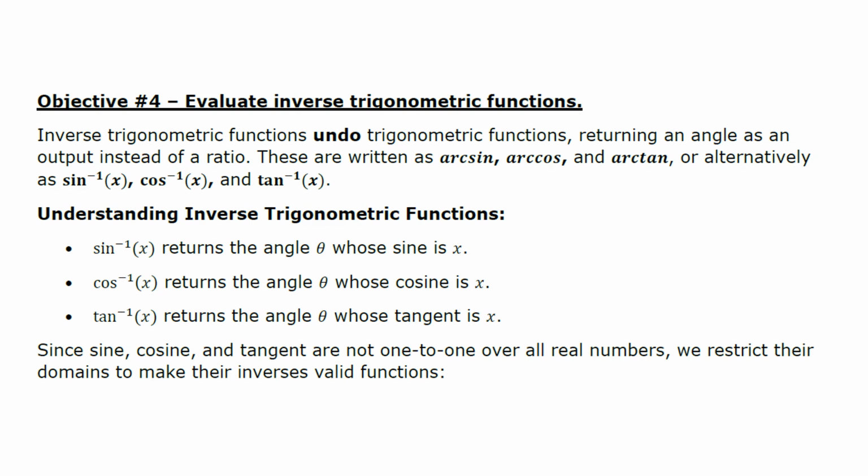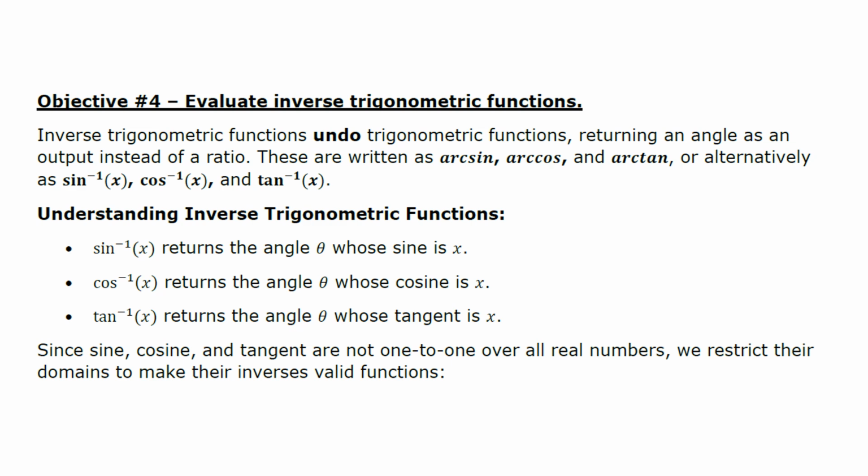When you are evaluating these inverse trigonometric functions in your calculator, you will see the inverse of sine, inverse cosine, and inverse tangent as buttons on your calculator, but you most likely won't see arcsine, arccosine, and arctan.